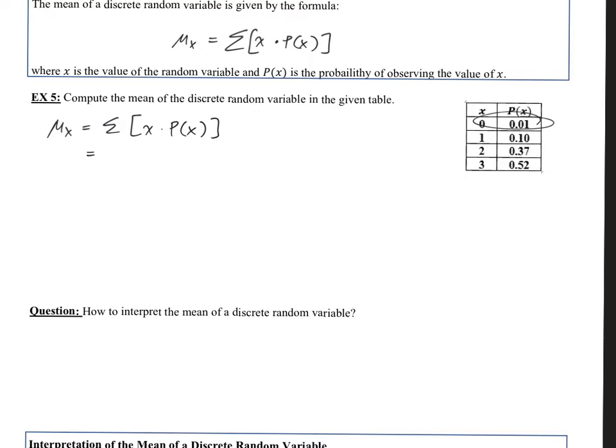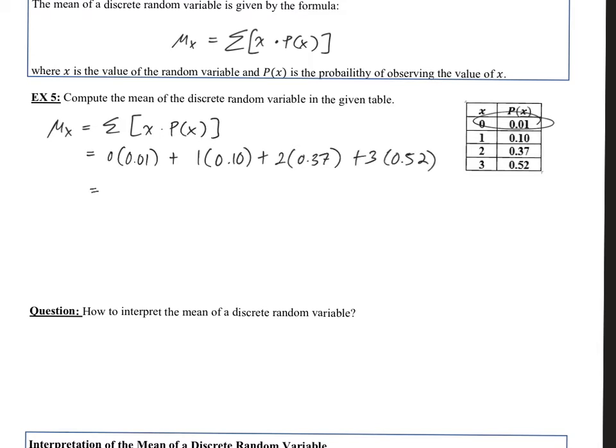Alright, so first off, we have 0 times its probability, which is 0.01, plus the next one is 1 times its probability, which is 0.10. Plus the next one is 2 times the probability of 0.37, and lastly 3 times the probability of 0.52.